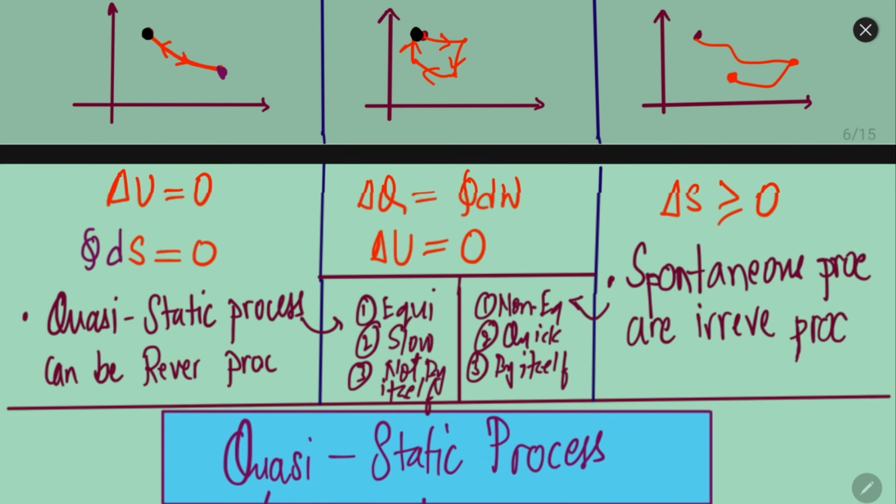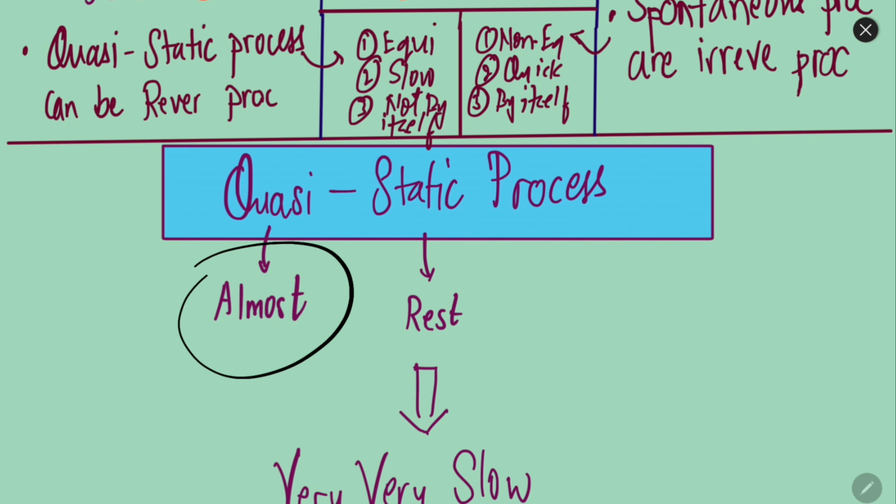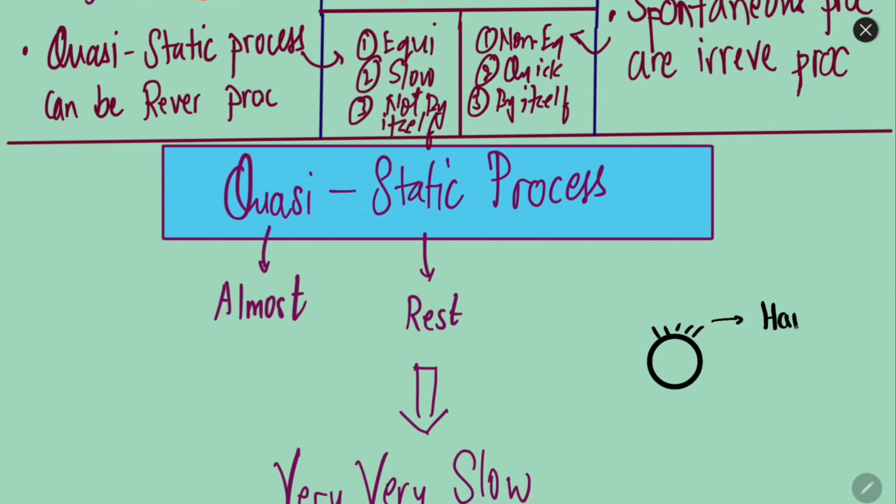Now let's understand the quasi-static process. Quasi means almost and static means at rest. So it is when something changes so slowly that we do not observe it changing. For example, if the length of your hair is increasing, do you notice it? You do not.